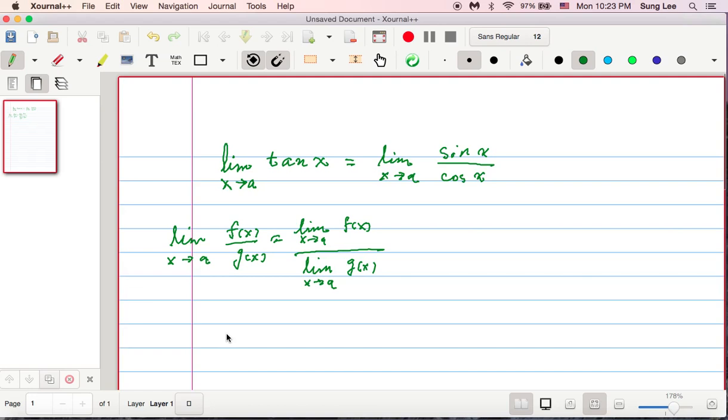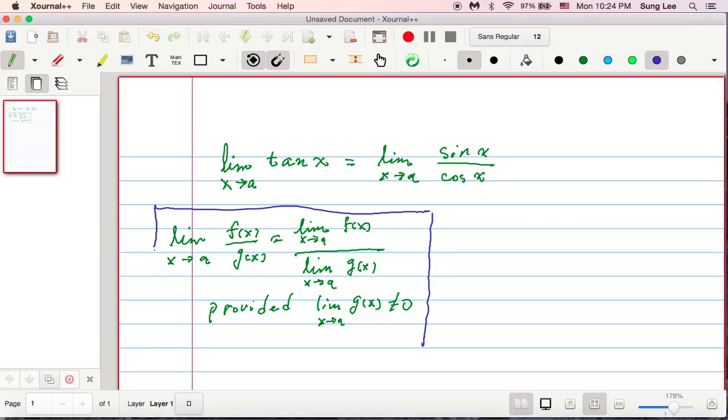Remember this property? Now, in this case, this property works provided that the limit of g of x when x approaches a is not equal to 0. Okay, so that's the additional condition. Let me put a box around this property here.